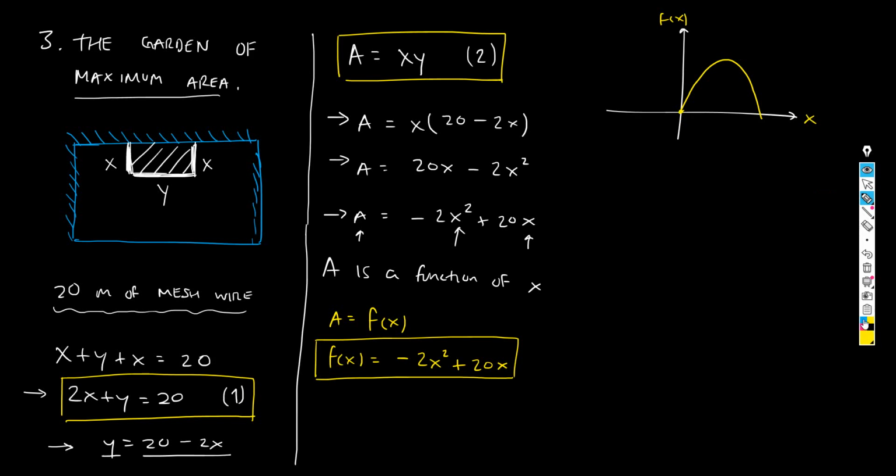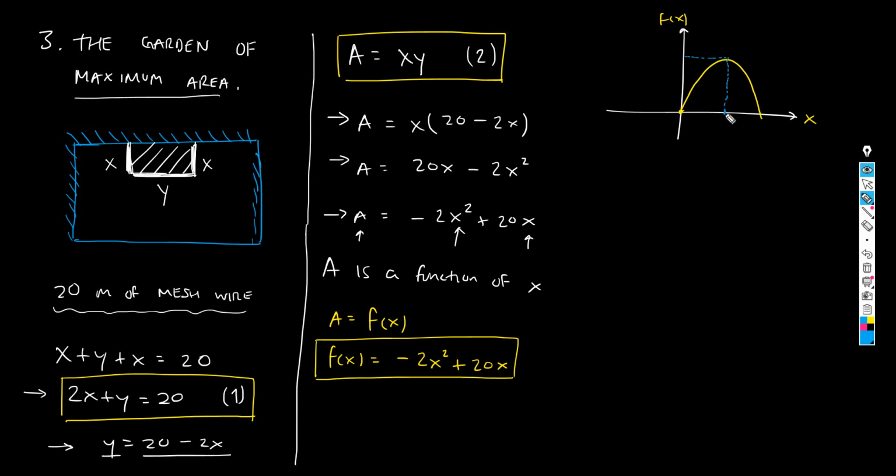Well, as the side x grows, what I'm going to observe is that the area, which is f of x, is going to grow at first, and there's going to be a point right here, a precise value of the side x, for which the area will be maximum.